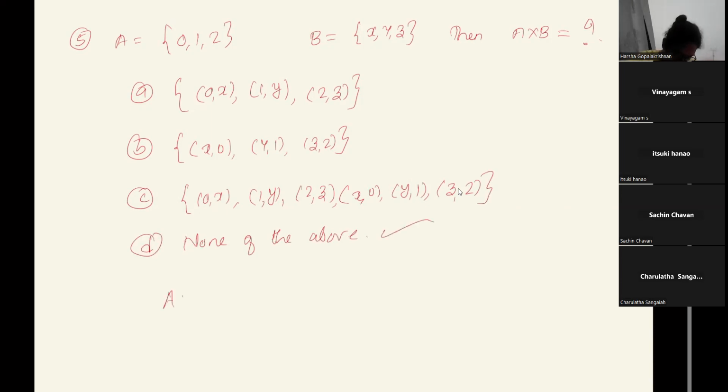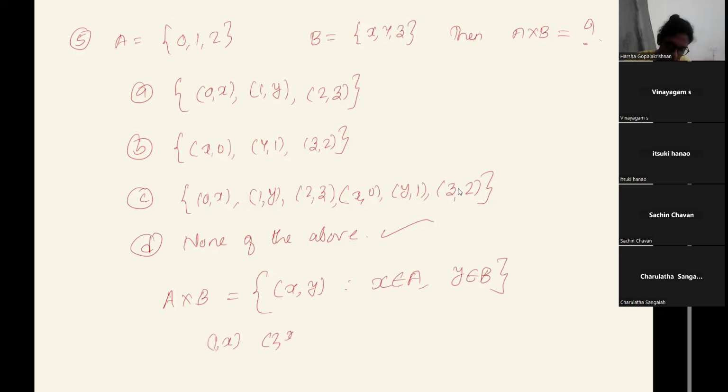We know what A cross B is. A cross B is the set of all (x, y) such that x is in A and y is in B. Here in the first set, we are taking only 3 elements of A cross B. Other than 0x, 1y and 2z, we have 1x and 2x.